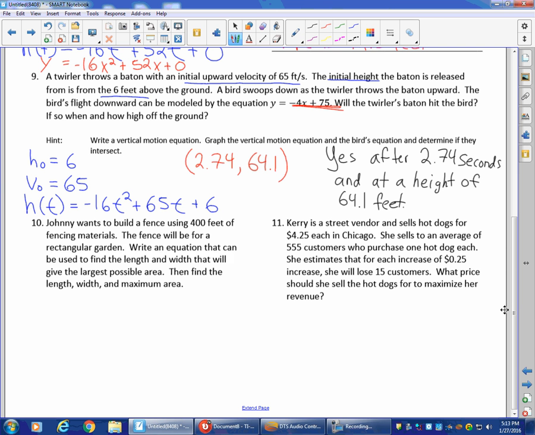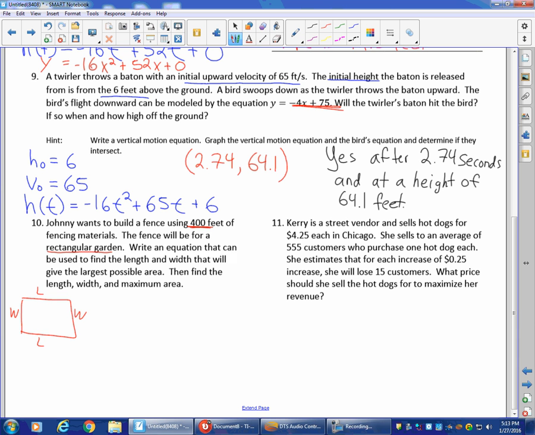My first thing here, they tell me Johnny wants to build a fence using 400 feet of fencing materials. That's important. That's like my perimeter. The fence will be for a rectangular garden. Write an equation that can be used to find the length and width that will give the largest possible area. Then we want to try to find those. So I'm going to draw my garden. I'm going to label my lengths.